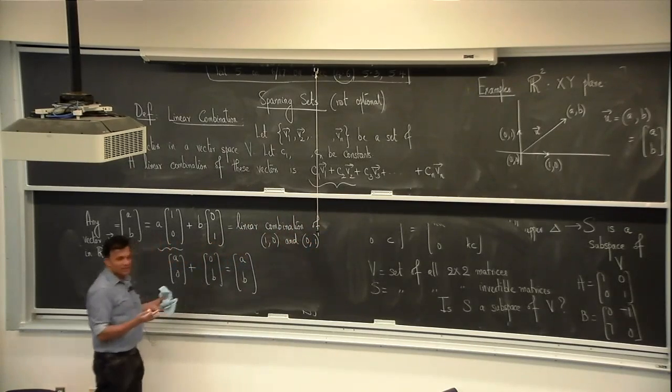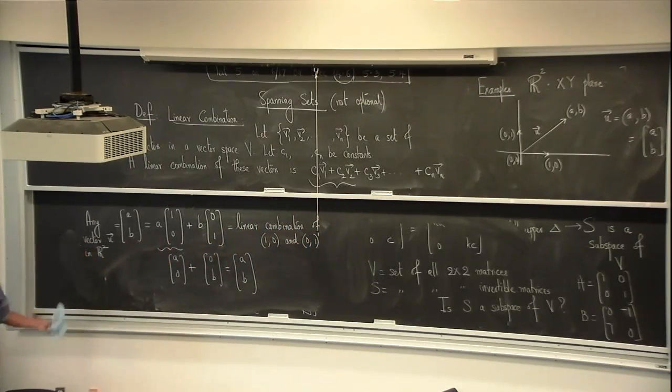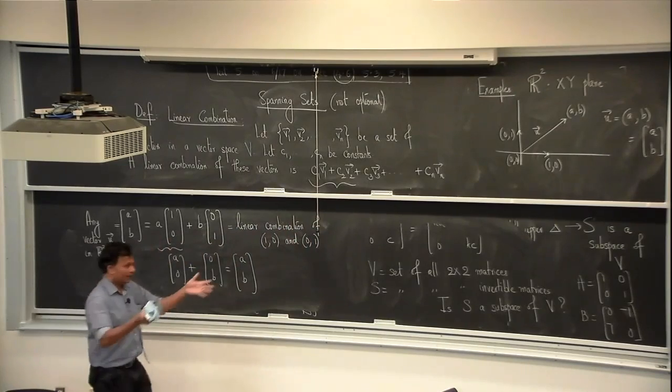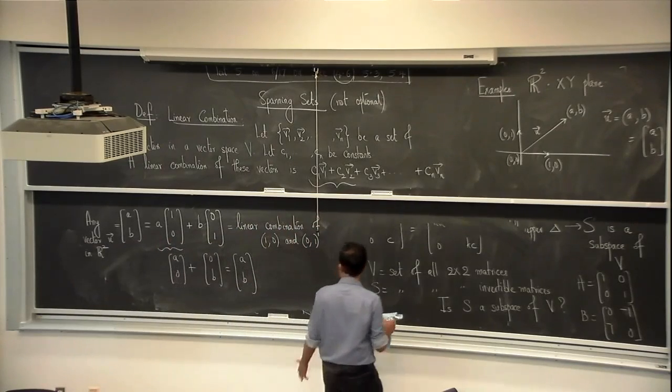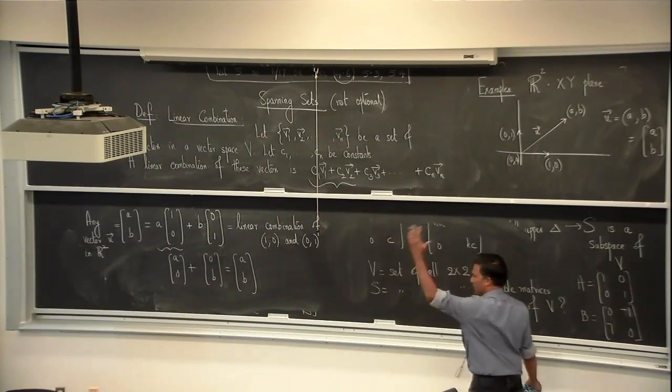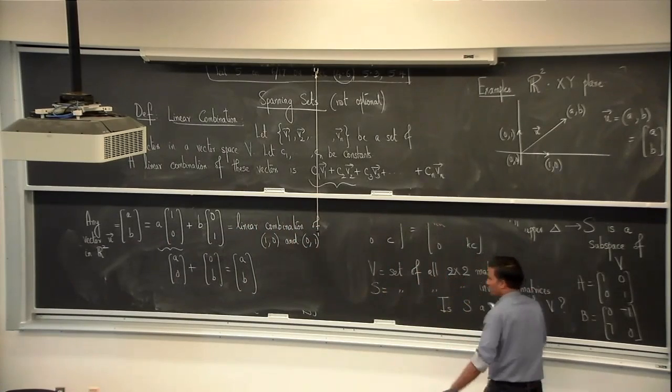Okay, that is obvious. Okay, now that you saw it, you're like, oh yeah, that makes sense. You're just scaling the x and the y axis and just adding some constants and generating the entire xy plane. Okay, it doesn't matter what a and b are. Right?